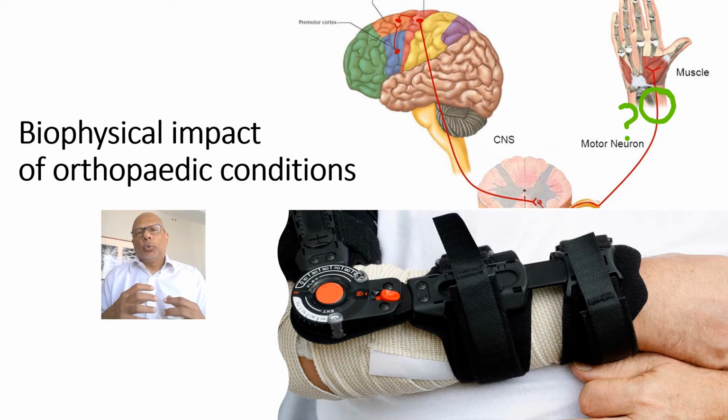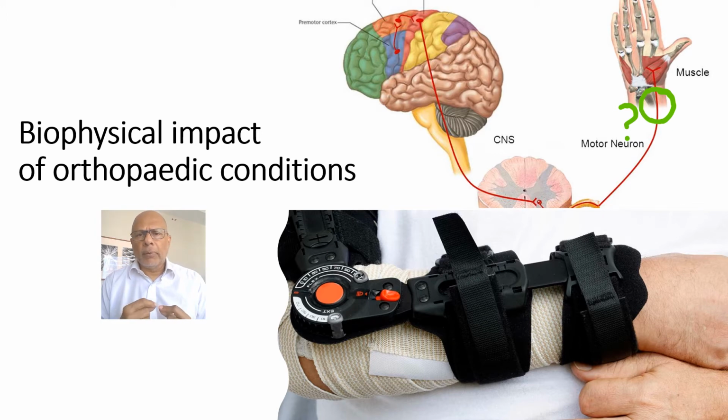To be able to understand the principles involved in rehabilitation, it is good to look at an individual from the perspective of the biophysical impact of the condition on that person. So in orthopedics, we generally see fractures and illness of the joints producing movement disorders as a result of stiffness and pain associated with this.